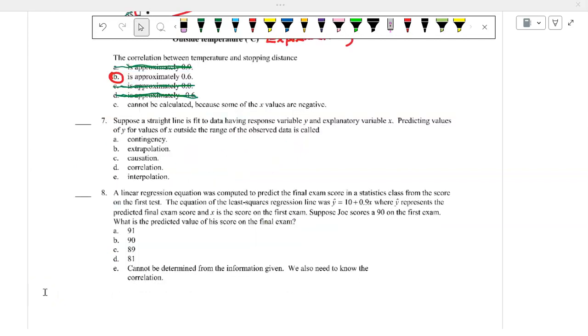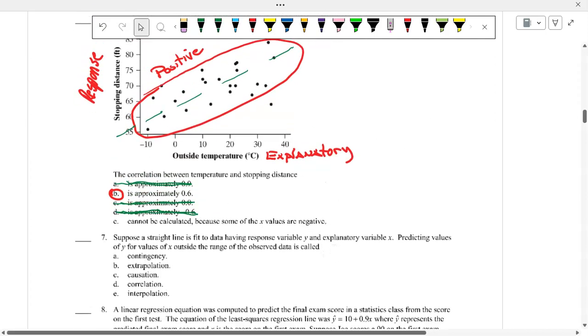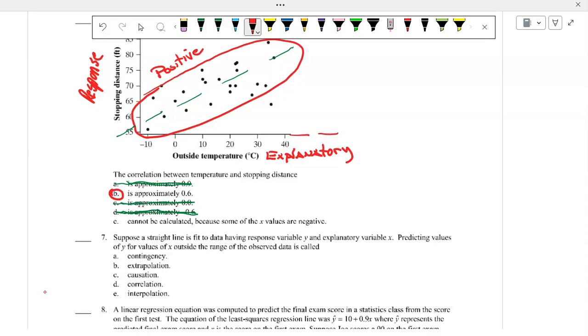All right, suppose a straight line is fit to data having a response variable y and an explanatory variable x. Predicting y values for x values outside the range of the observed data is called extrapolation. So for example, if I said the outdoor temperature was, let's say, 90 degrees, that would be way over here.